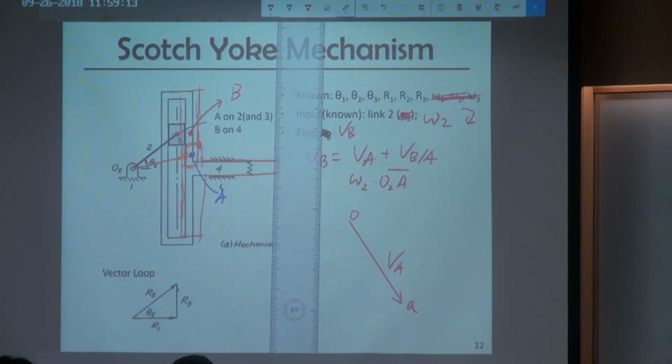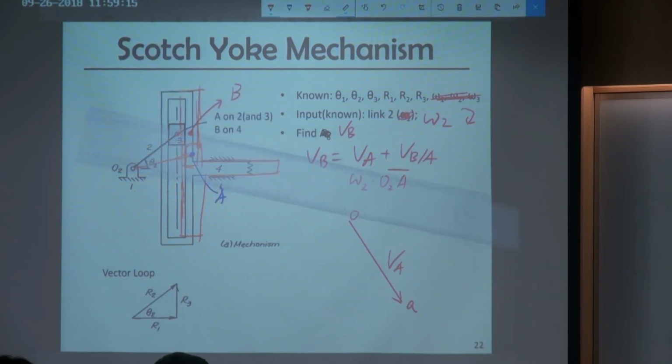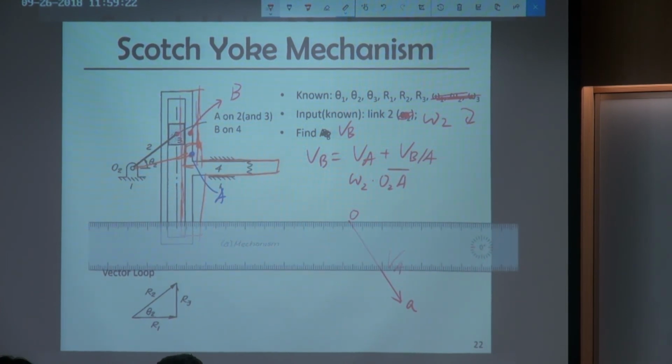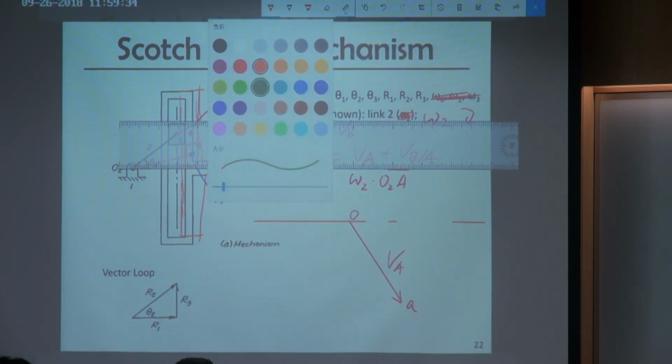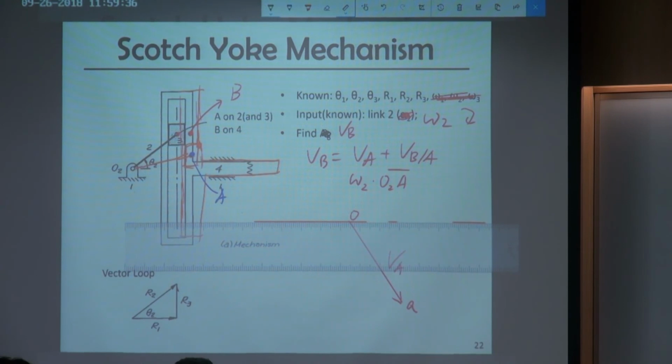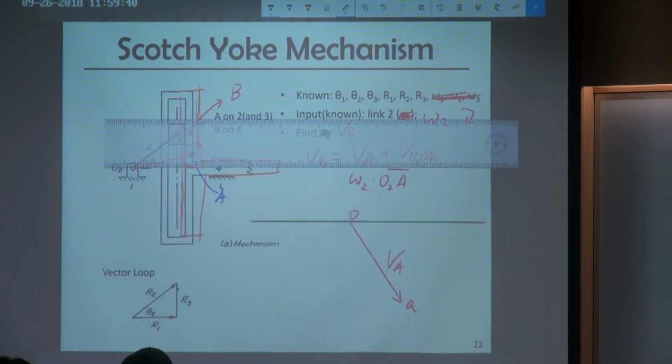But we don't know the magnitude yet. So I know B must be moving horizontally, so I can draw the direction. So it's VB. I use another color. Okay, so that's VB. We only know the direction, but we don't know the magnitude yet.